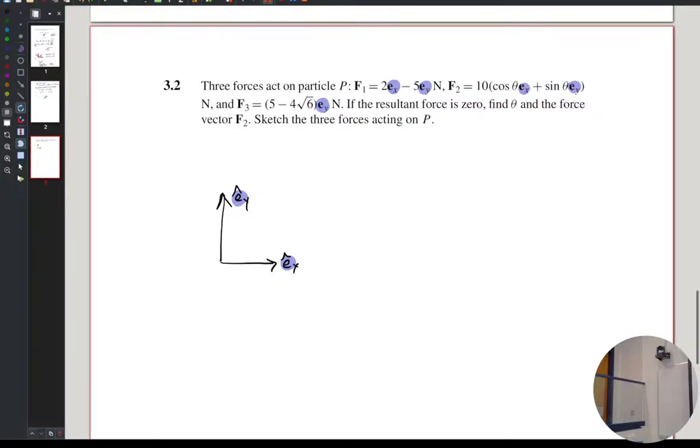Okay, that way you can define the angle to start wherever you want, as long as it's consistent with the equation.